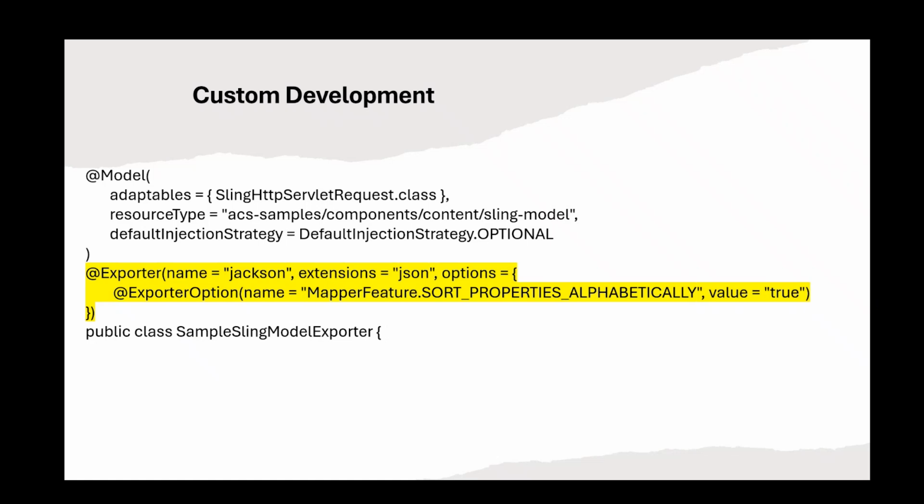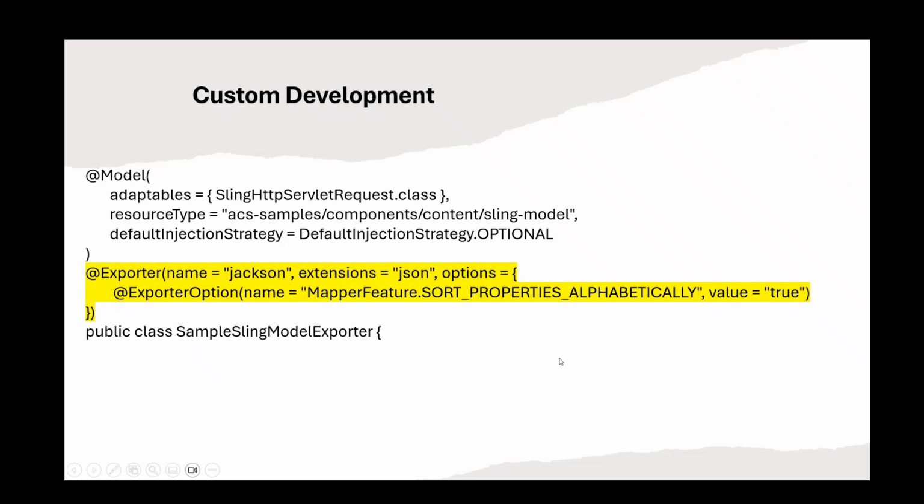So the extension will be JSON, as you can see in the annotation property. And in this overall exporting of the content, we want to sort the properties alphabetically, so I have added sort properties alphabetically with true as the value. So whatever information we are sharing with the external system will be sorted.